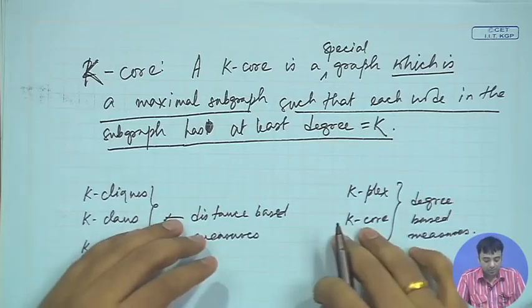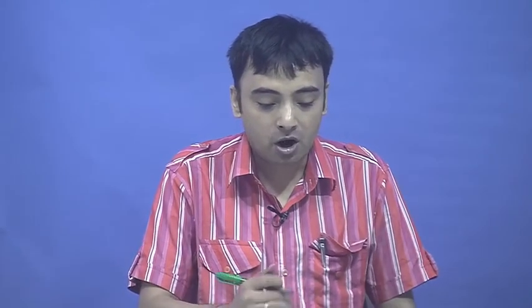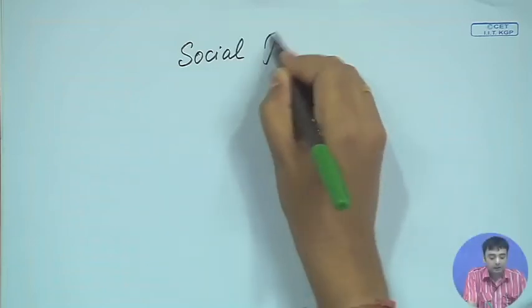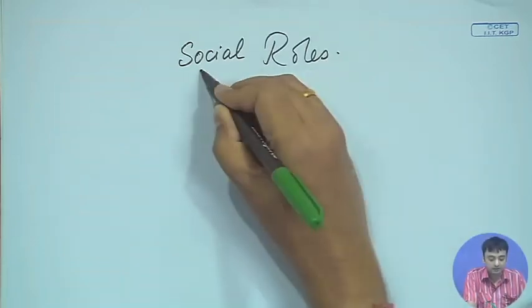Okay. So, now following this we will talk about another very important concept in social networks, especially in friendship networks or relationship networks, what we call social roles.